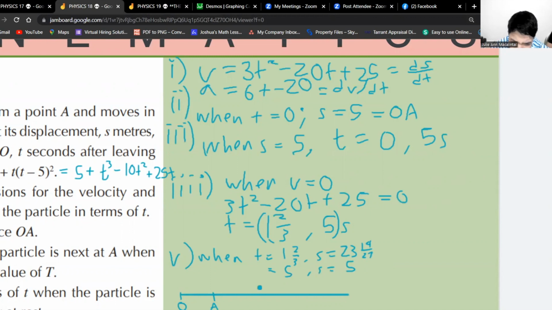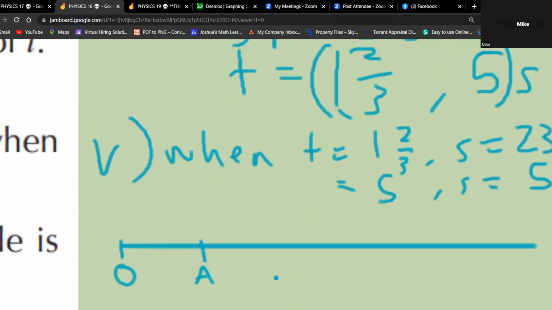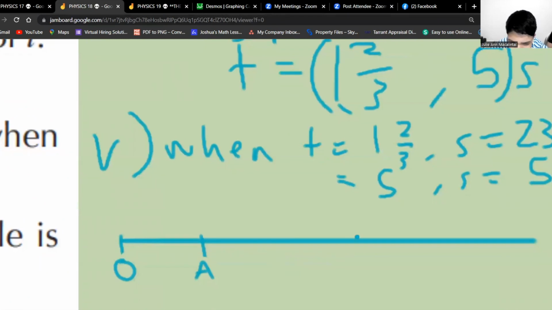Okay, so 23 and 14/27. Okay, so it goes somewhere here.